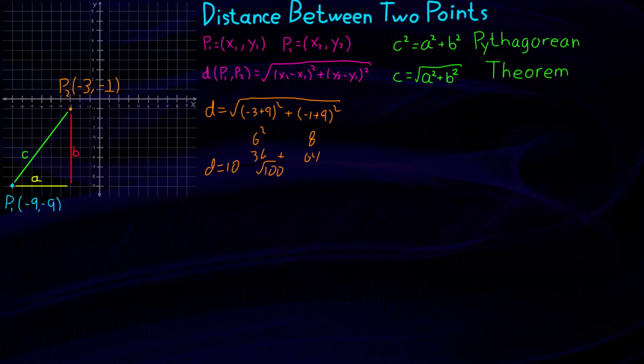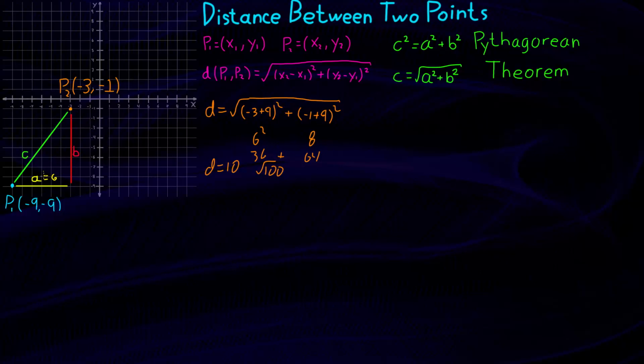So what is the length of this side? Well, we know that this is at -9 and this is at -3. So this distance should be 6, and we can count that. It's 1, 2, 3, 4, 5, 6. So sure enough, this distance here, A, is 6. All right?